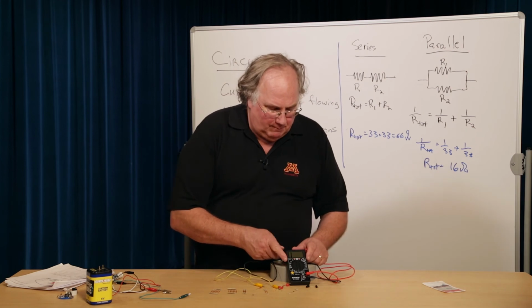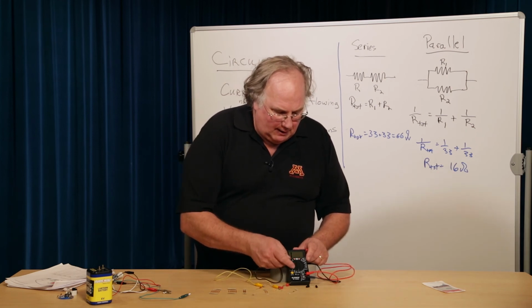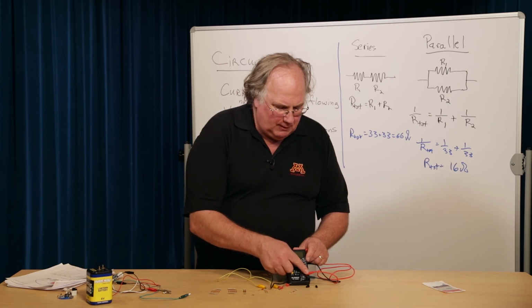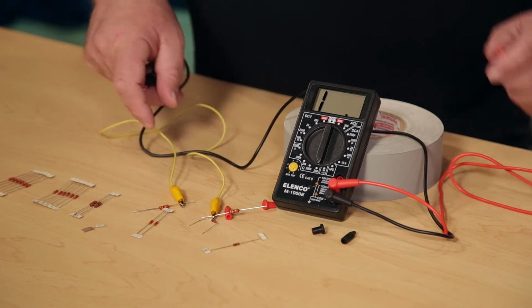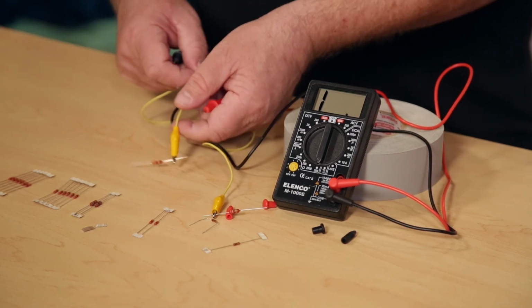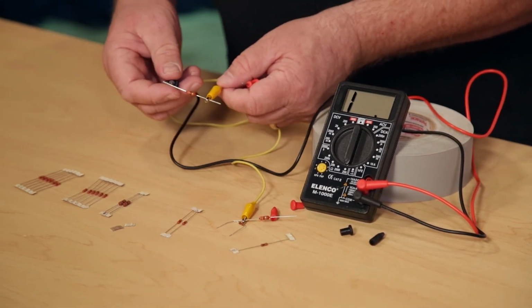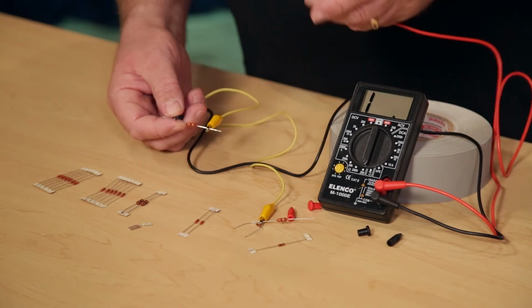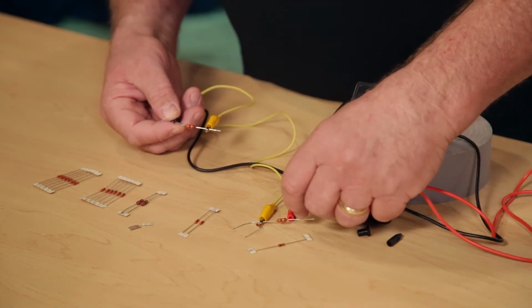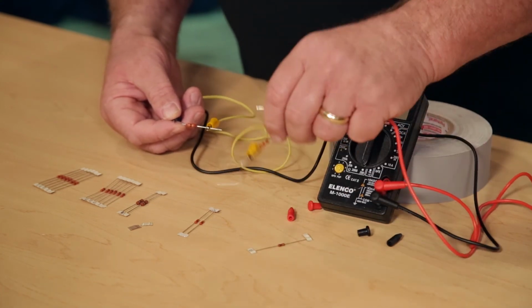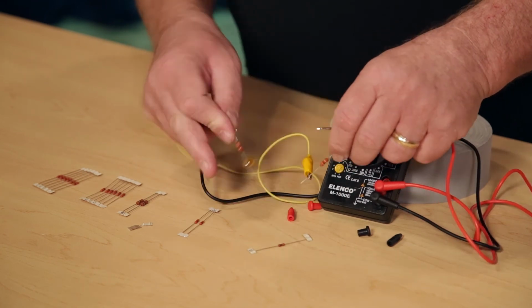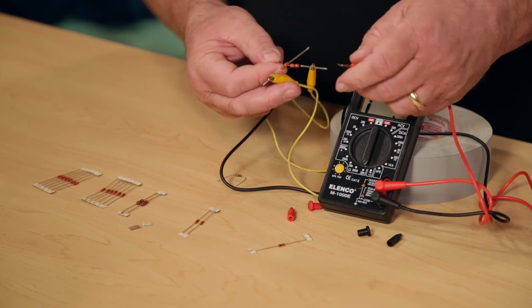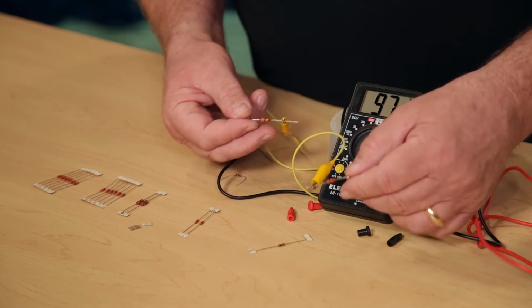We've got the meter set on ohms, 200 ohms. We've got the red cord in the lower spigot, the one that isn't for 10 amps. Now to measure it, I put one probe on one side of the circuit, and one probe on the other end.